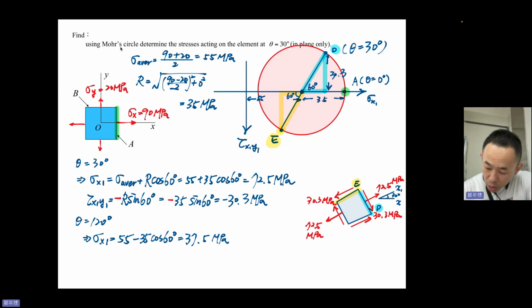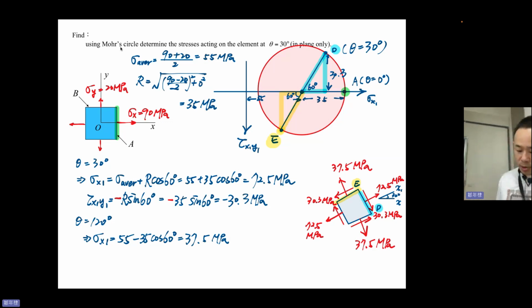Okay, so this is positive, this is positive, and 37.5 MPa. Done.